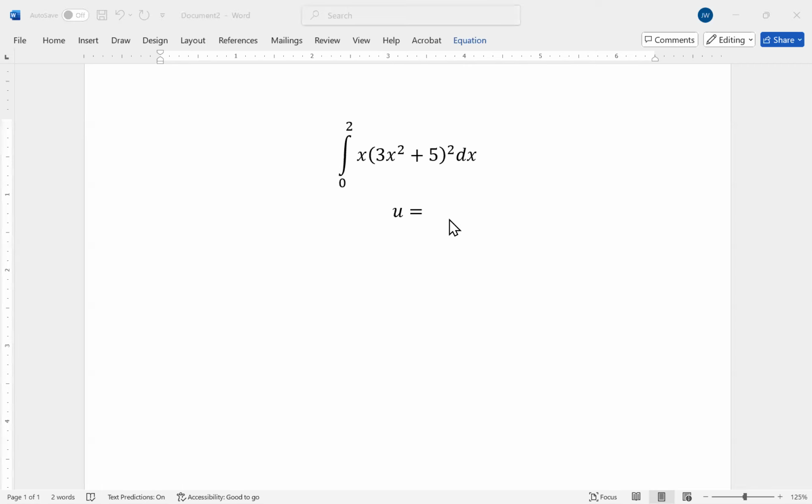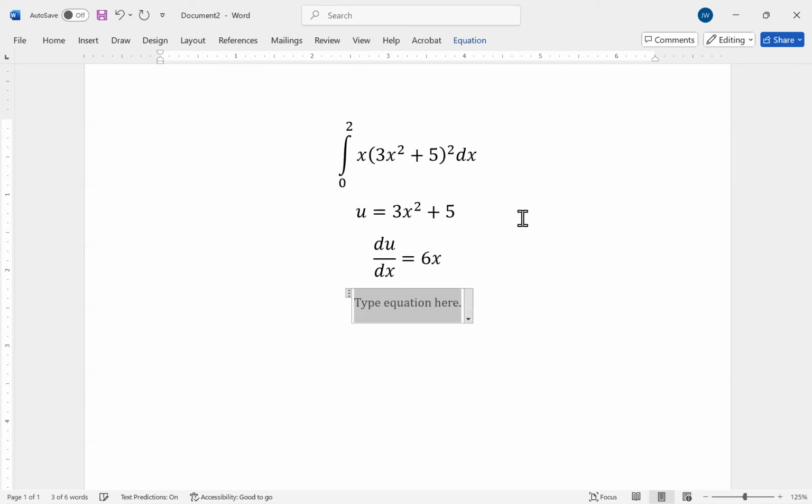Now I'm going to go through this fairly quickly. We've done a lot of substitution examples. So the inside function here is u equals 3x squared plus 5. The derivative of u with respect to x is equal to 6x.